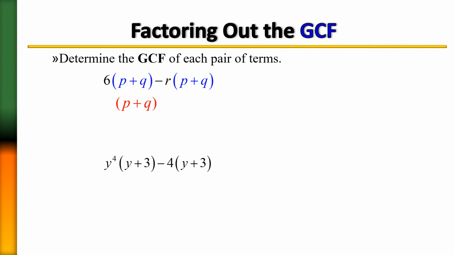Well, it's there in black. You have 6 minus R, and that goes behind it. There you have it. You've just factored out a pair of terms.